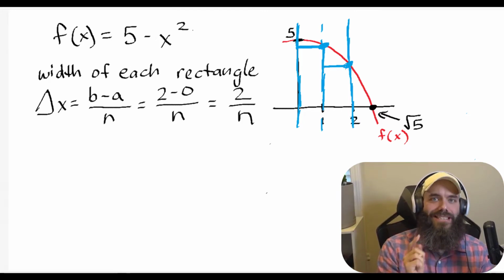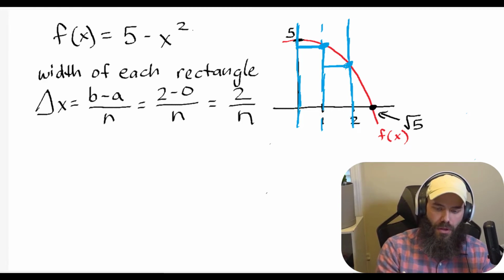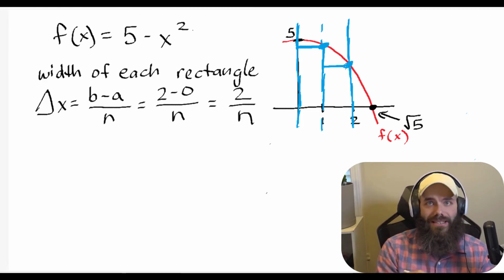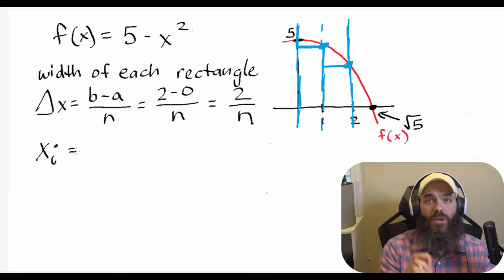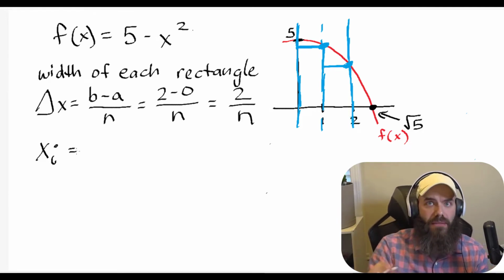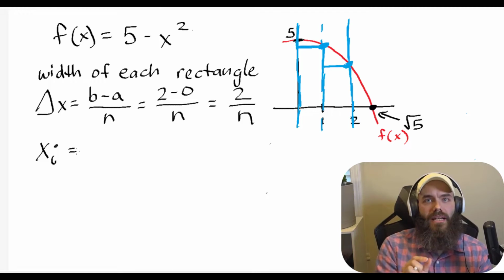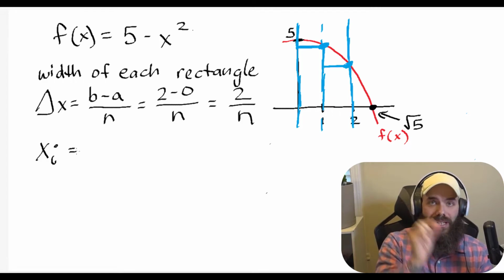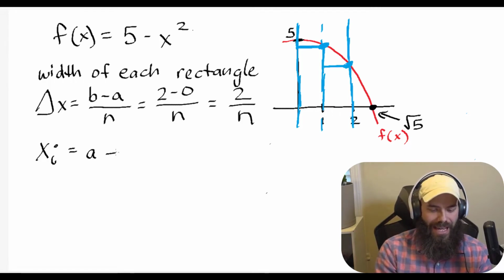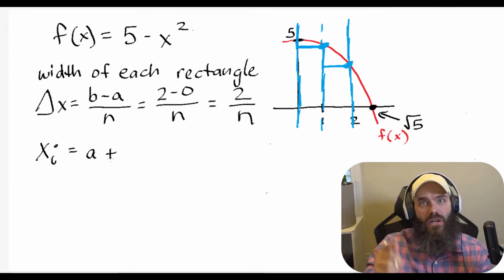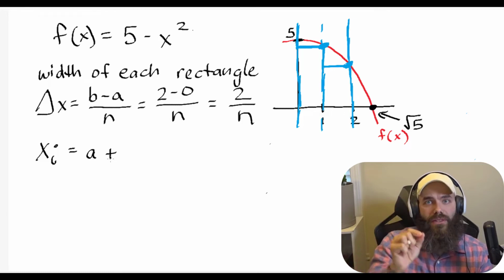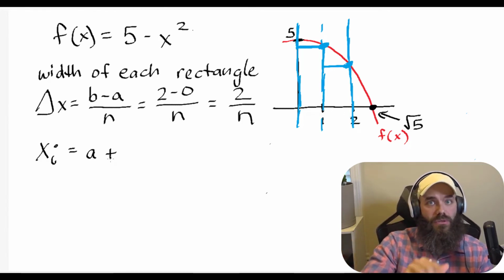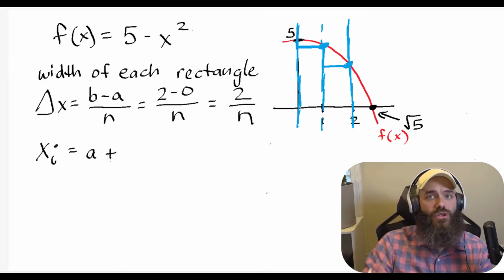All right. In general, what are we doing? Well, let's just say x sub i, which is going to represent the right endpoint, is found by taking the a value, or the beginning of the interval, and adding increments of the change in x, or increments of the width of each of these rectangles. Now, we just said in general the width of our rectangles using n rectangles is going to be 2 over n.